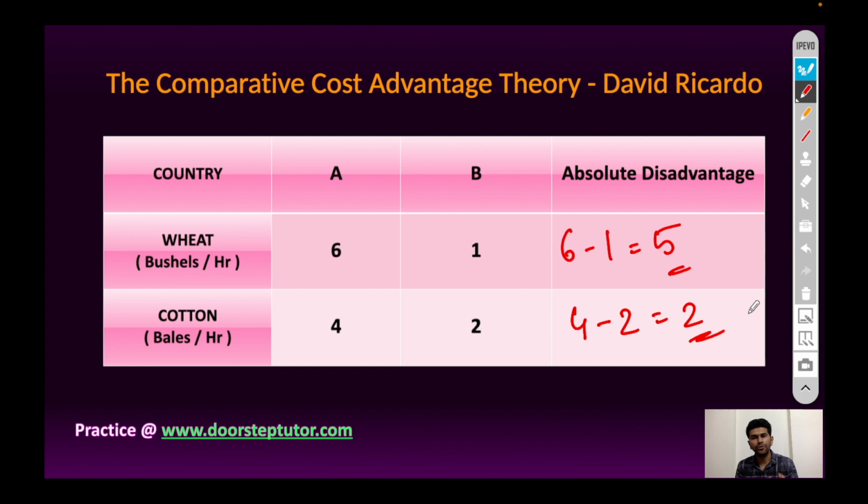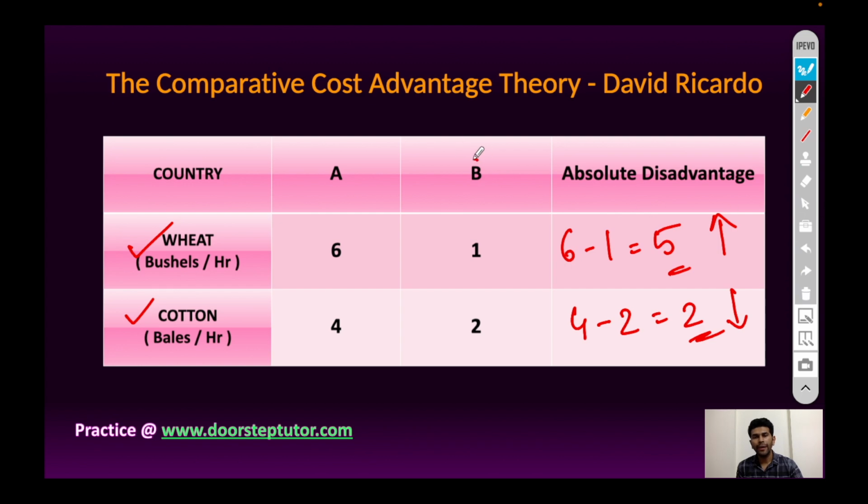So the absolute disadvantage is greater in the case of wheat, and lower for country B in producing cotton.